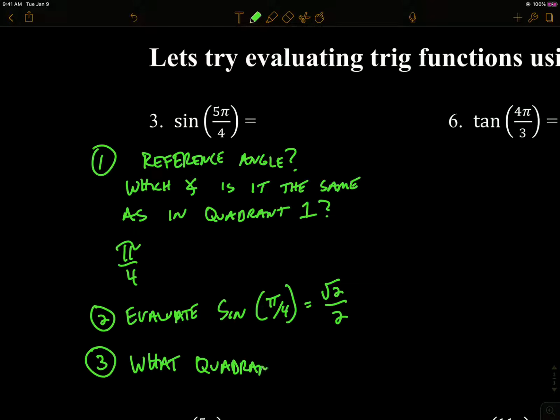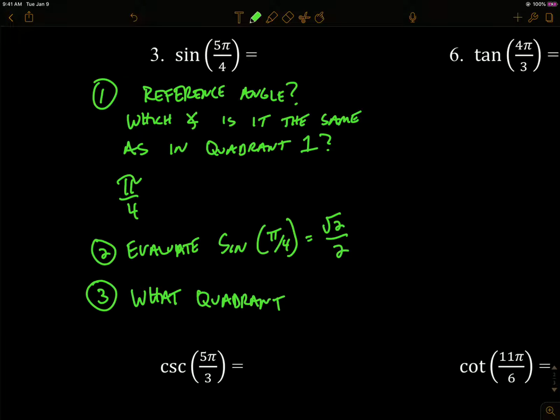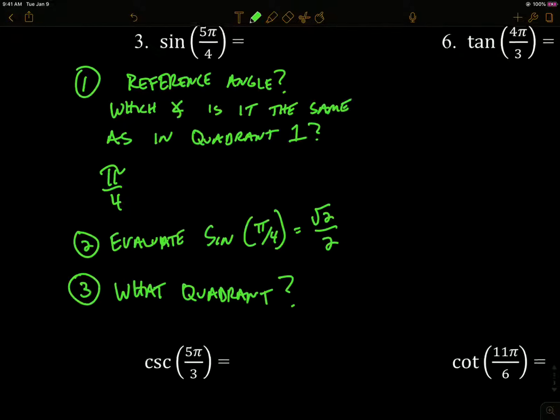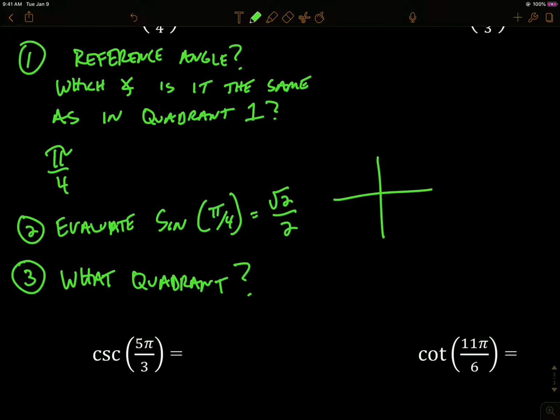Because all the pi over 4 reference angles will have this as their sine value. Some will be positive and some will be negative. And the positive or negative is determined by what quadrant it is in. So that will tell us if we have to make it positive or negative. Here's what I mean. Pi over 4, our reference angle, is here.